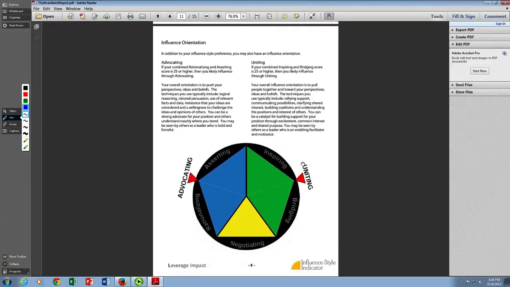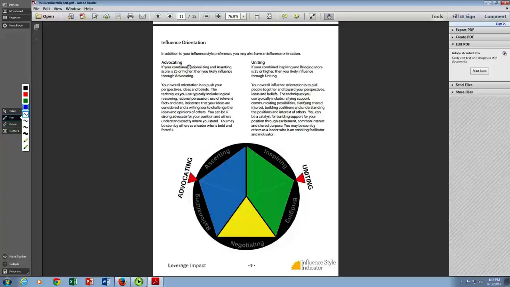Here's a little bit more discussion about what it looks like when you look at the orientation that you have. The orientation that they're suggesting is that when you combine the two scores in either area, so for uniting it would be combining inspiring and bridging, and advocating would be combining rationalizing and asserting, in either of those cases, where you get a score of 25 or higher, this is not only a style, but a strong influence orientation.